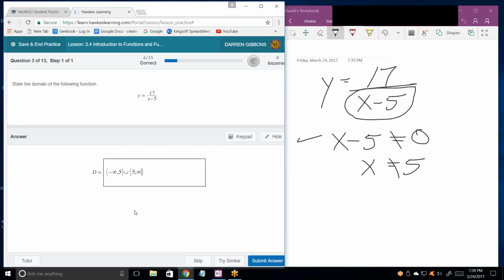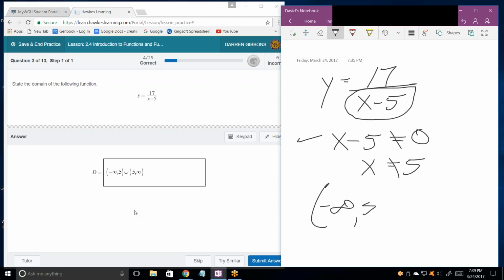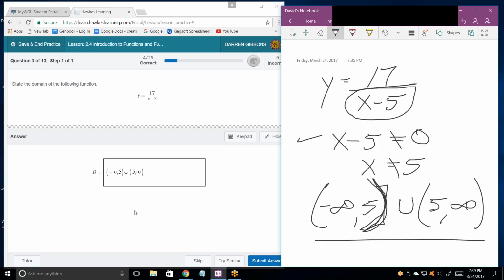There's a difference between a parenthesis and a bracket. If I had said minus infinity to 5 with a bracket, that means it could be 5. But with a parenthesis, it can be anything up to 5, but not 5. Then all numbers greater than 5. So this interval covers everything except 5.